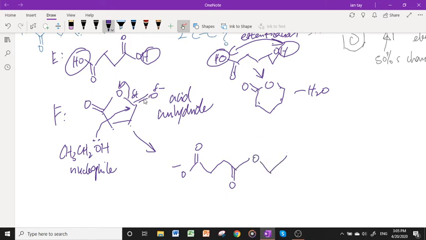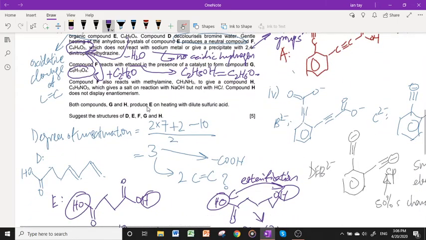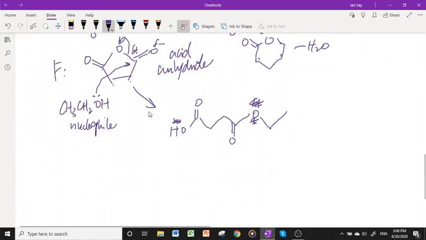Okay, I know that the actual procedure is that the double bond will break and then reform, then this will go out. Yes, I know the mechanism of nucleophilic addition. But for simplicity, we'll just keep it as such. And then there's a OH here, then very simply the H will get just transferred over here, and then you'll get this. So okay, this is a possible answer for structure G.